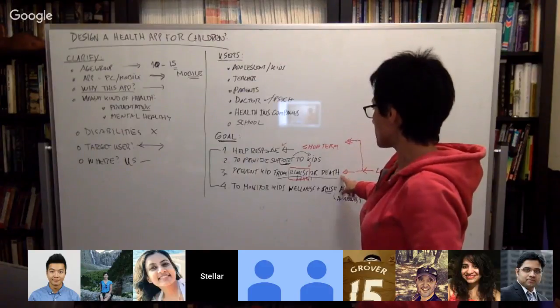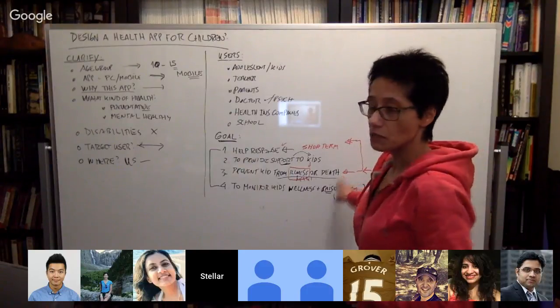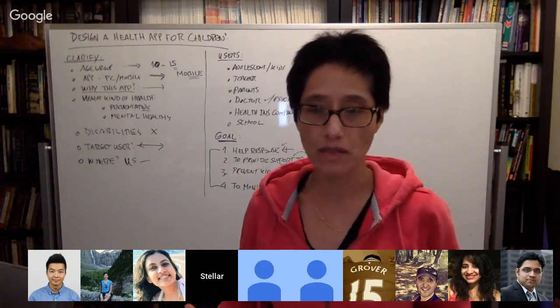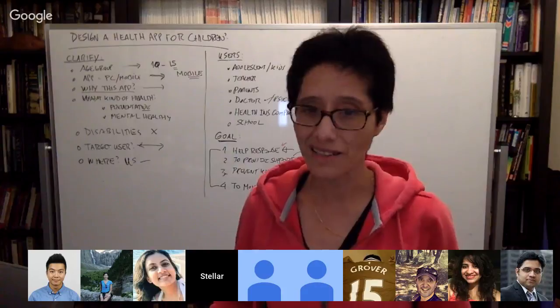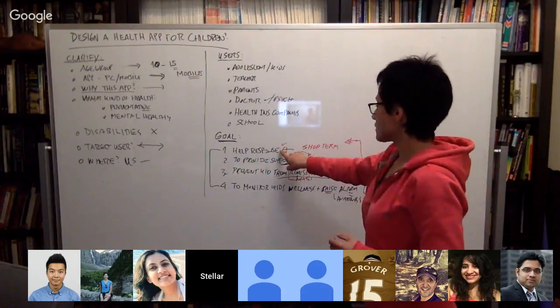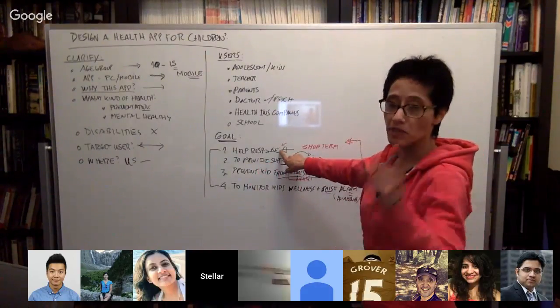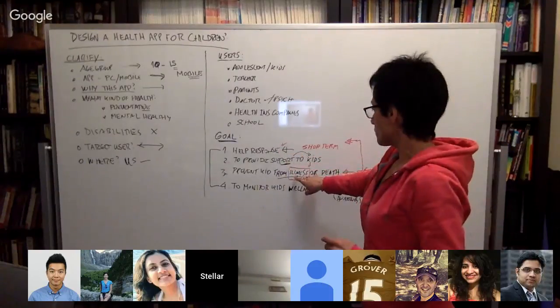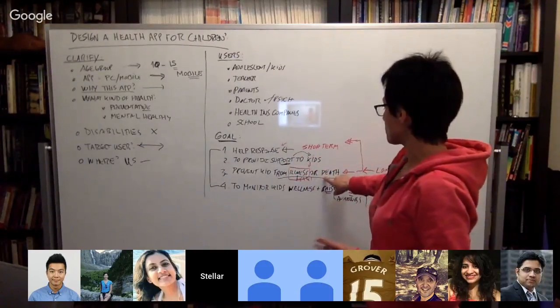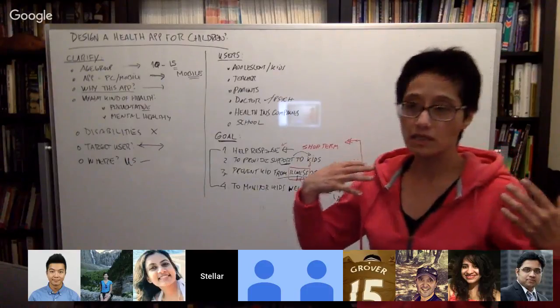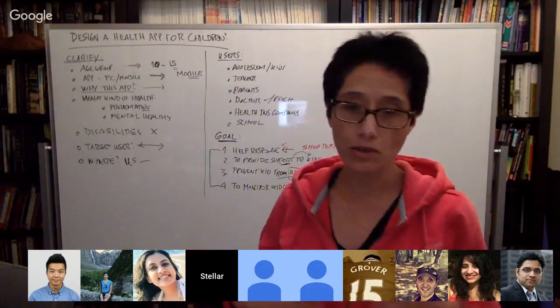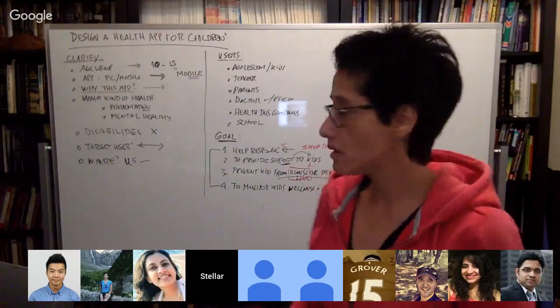But if we want to actually help with long-term issues like depression, or kids that are suicidal, this is just going to help save the kid maybe that month, right? But if we create something long-term, it has to deal more with the long-term behavior and long-term mental health.